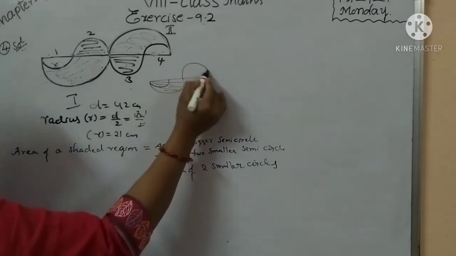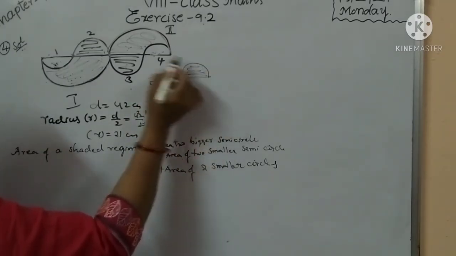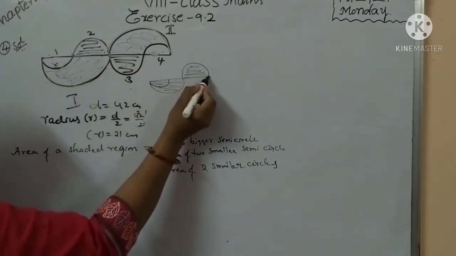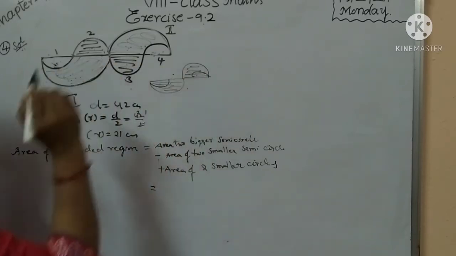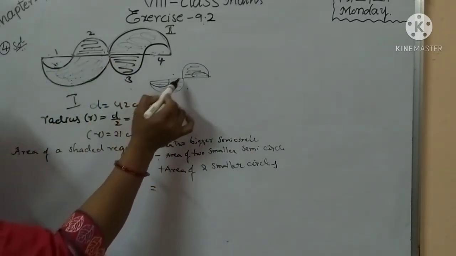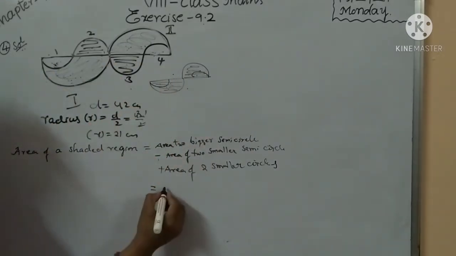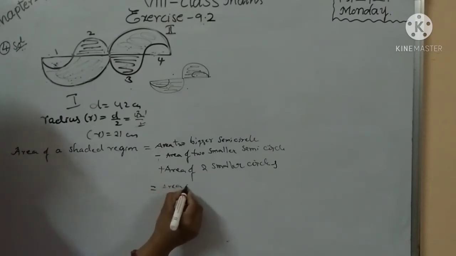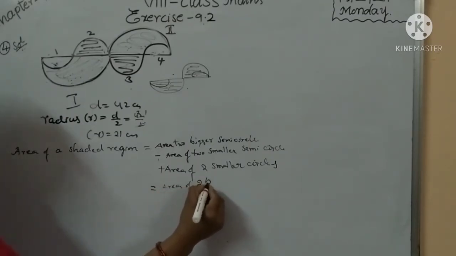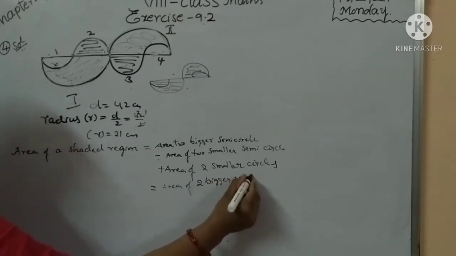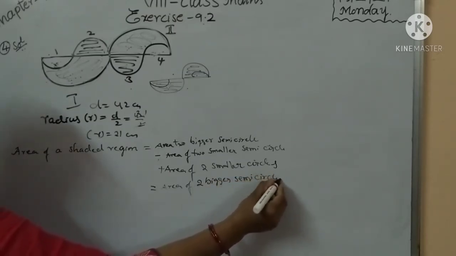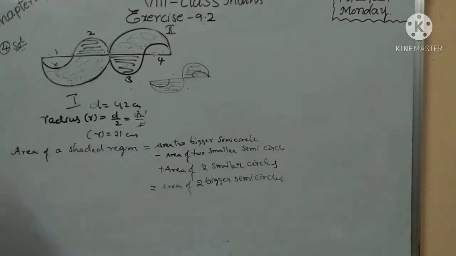Here, the empty places get filled by the semicircle, so finally it is two bigger semicircles. Finally, area of two bigger semicircles. Did you understand this one?